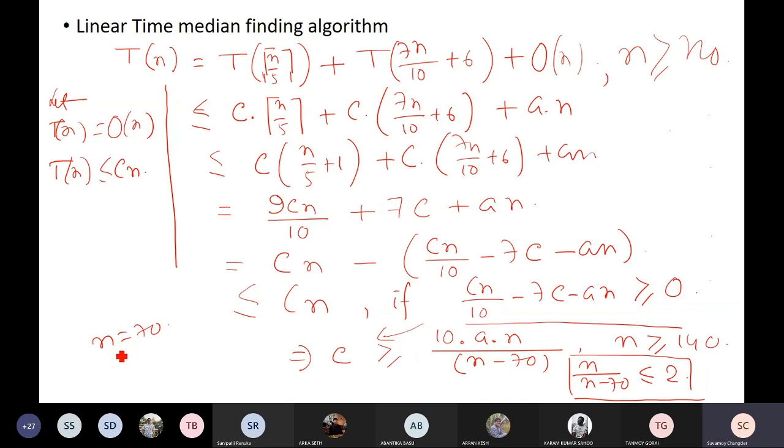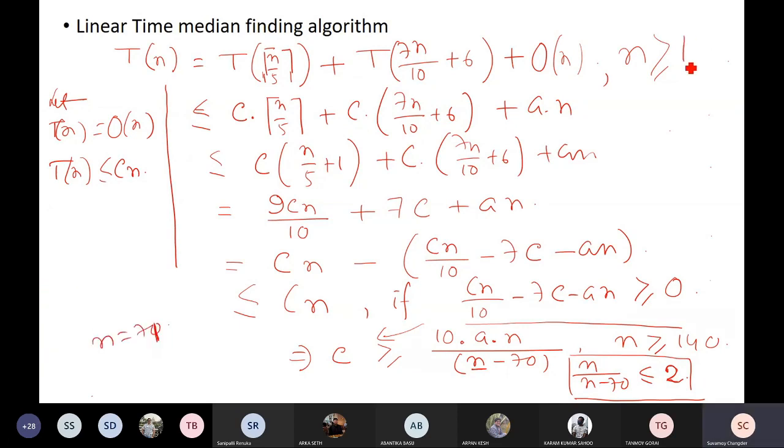If you consider n equal to 70, this value is divided by 0, so infinity. If you consider n equal to 71, C is 71 into A into 10, so 710. So if we consider n equal to 140, we get the least integer, which is 2. That's why we are getting this n0 as 140.